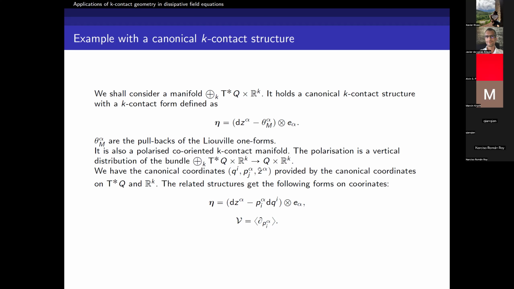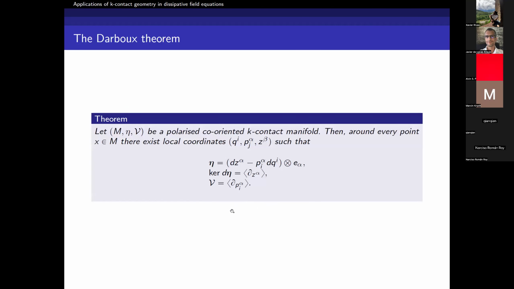Of course, we have the canonical coordinates. They are provided by the canonical coordinates on the cotangent bundle and the canonical coordinates here, so we get something like this. And for all of this, eta and the distribution look like this. And basically, we also have this.